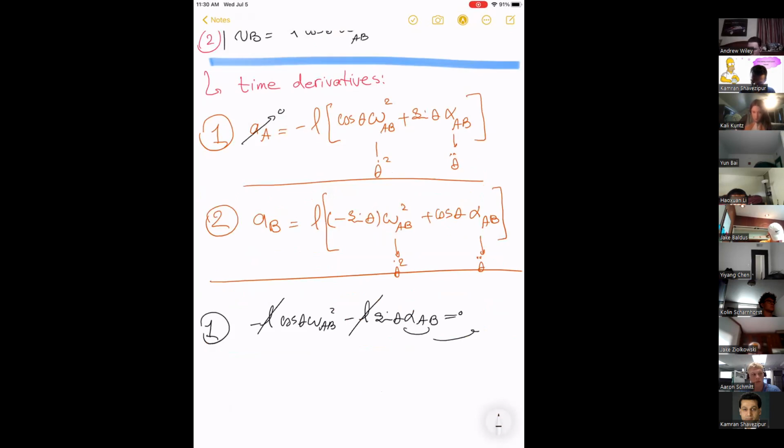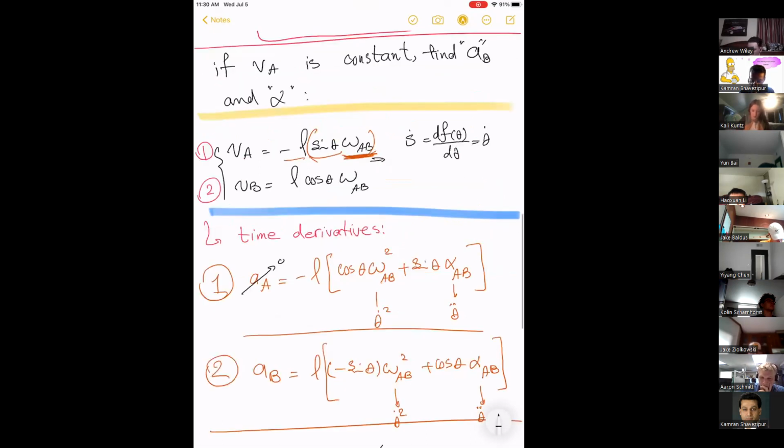Therefore, you're going to get alpha AB is minus cosine theta omega AB squared over sine theta. And considering theta was 60, you have minus cosine 60 over sine 60 times omega AB squared, which was minus 4.62.